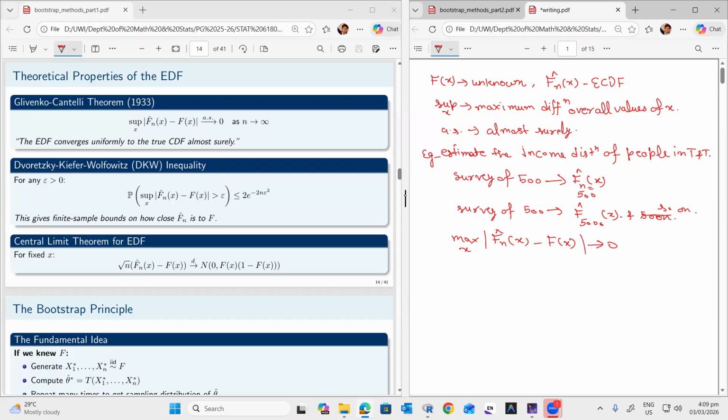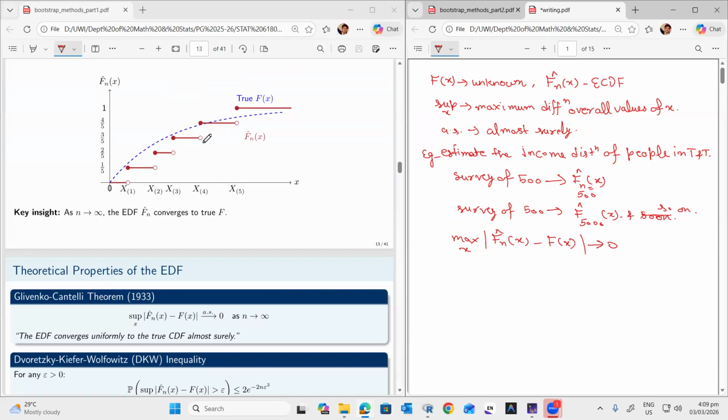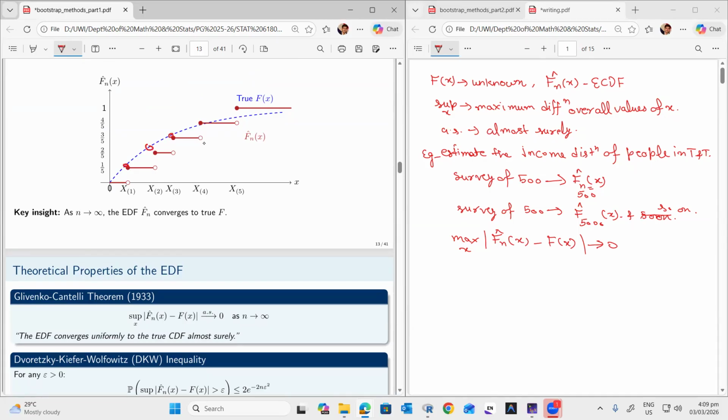So that means the sample distribution becomes almost identical to the true income distribution. When we collect more data, first of all, we ignore the random fluctuation. And secondly, the empirical CDF will be stabilized, because if you see here, with only 5 observations, we were finding some gap between the true value and the empirical CDF.